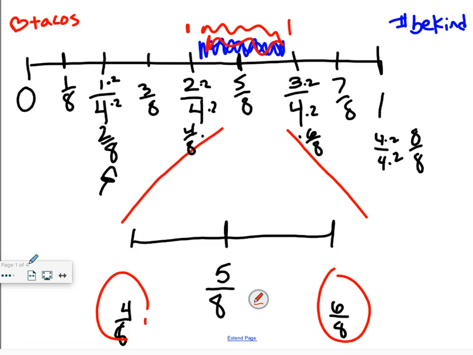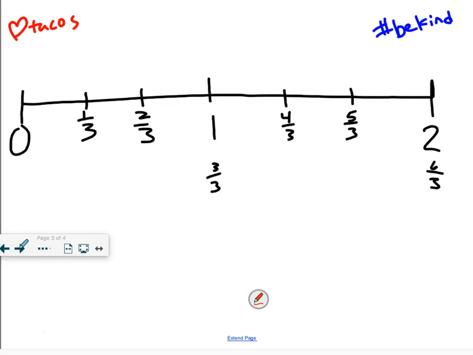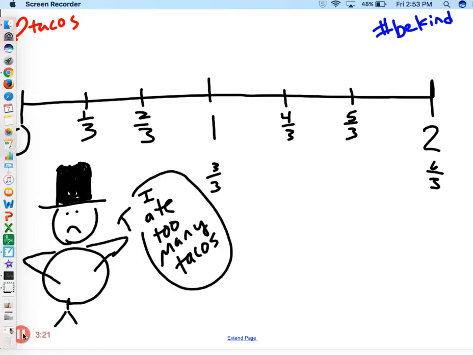So let's talk about another one. Let's pretend that I'm going for a run because I've eaten too many tacos. So let's say poor Mr. Knight ate too many tacos and I want to go for a run. And these are the distances.